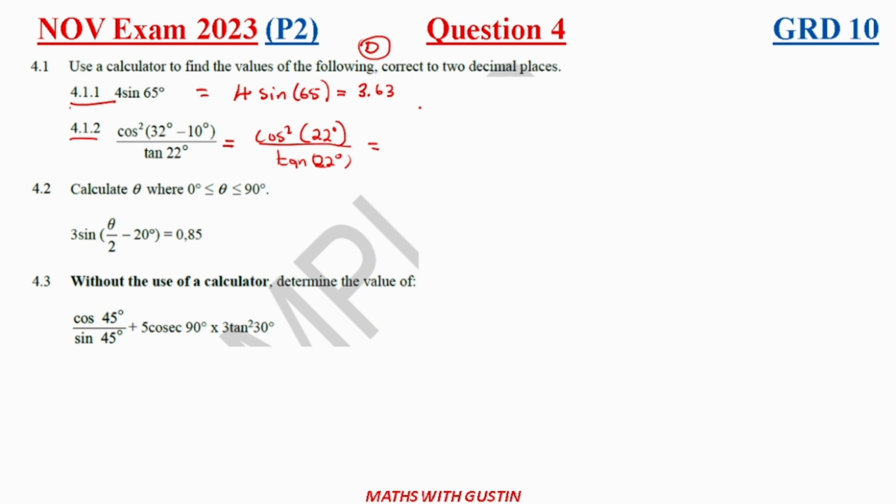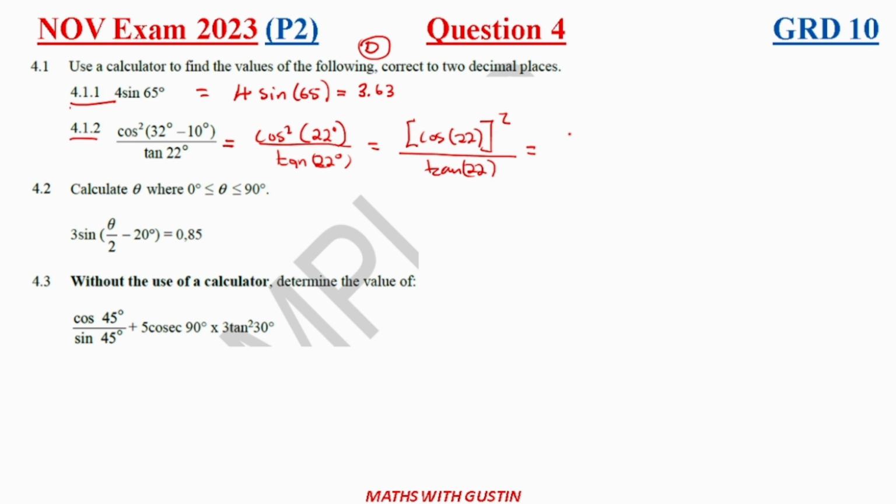This is how you are going to put it in, guys. You're going to put it in like that: cos 22 all squared, all over tan 22. Now we put this in our calculator all together.